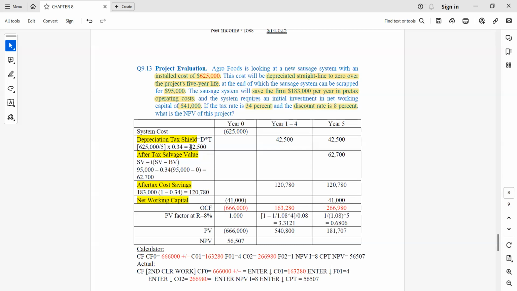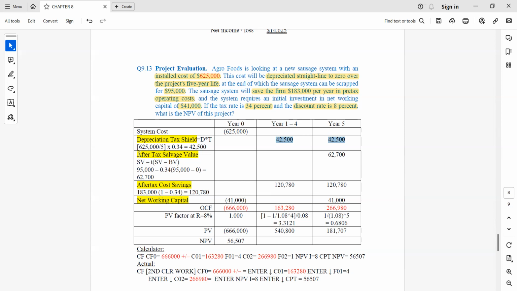Then I get this 42,500. It means every year the firm is saving 42,500 from year 1 to year 5 from this depreciation tax shield. That means the tax saving by reporting the depreciation expense. So what sign is this? Positive or negative? Positive. Okay.